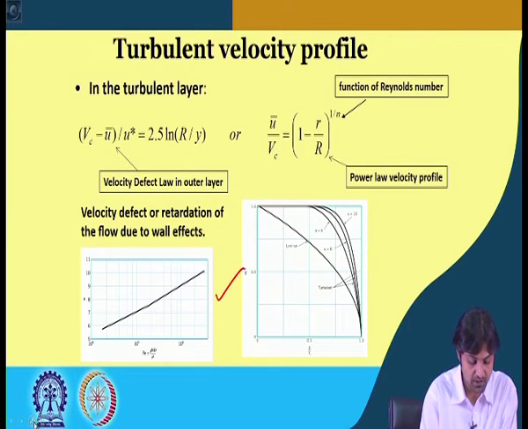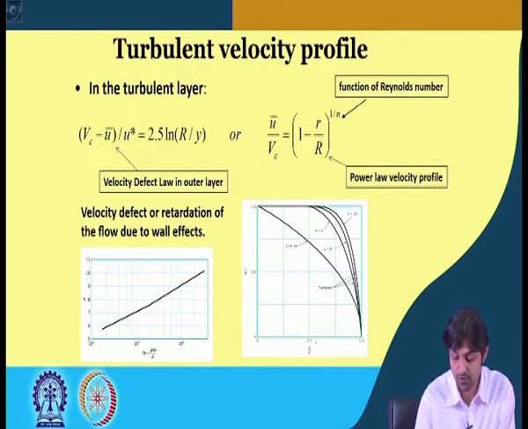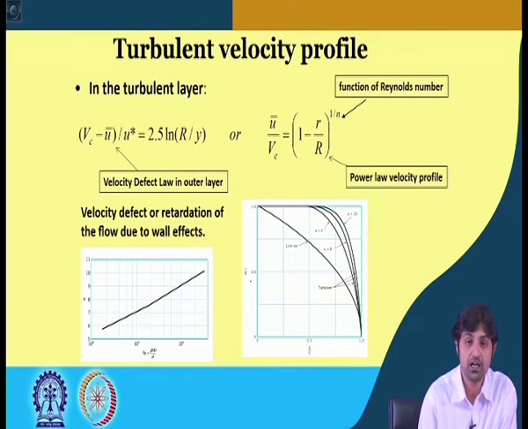And if you determine n from this graph, then for the corresponding n you can use this table, or this graph, for finding the relationship between u by Vc and y by r.